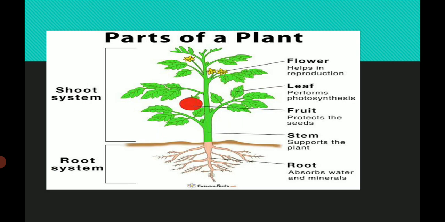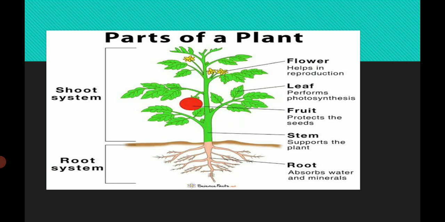In the process of photosynthesis, plants take carbon dioxide and water. In the presence of sunlight, they make food and release oxygen and extra water.